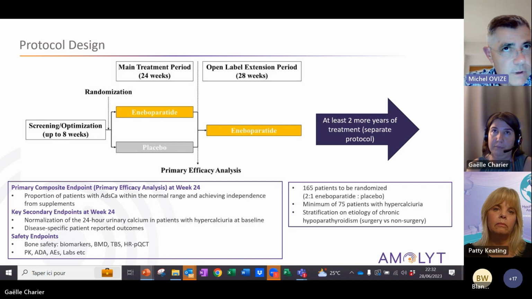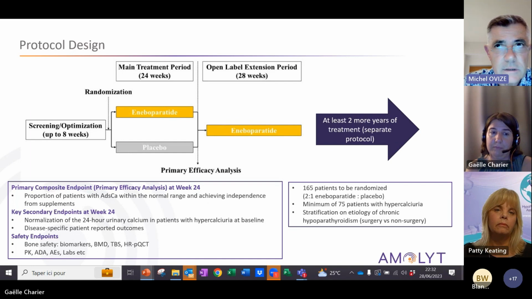We will follow that carefully, but in terms of clinical practice and this study protocol, in any case, the investigator and the patient will have to adjust albumin-adjusted serum calcium, I would say, without knowing whether the patient is developing anti-drug antibodies.